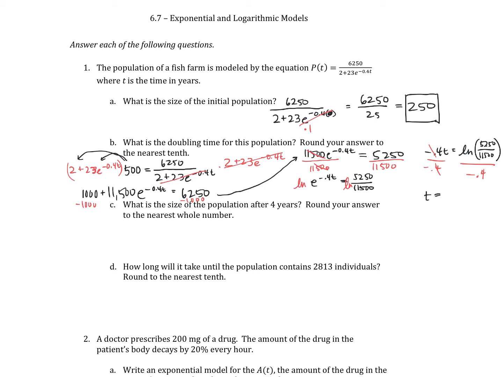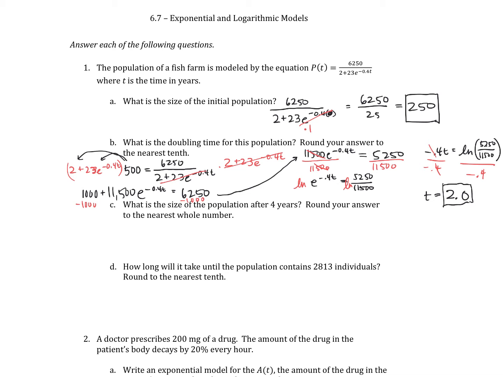So let's see what that is. So I got 1.9602. It says to round to the nearest tenth. So it's actually going to end up being 2.0. So it'll take 2 years. T is the time in years, so 2 years.